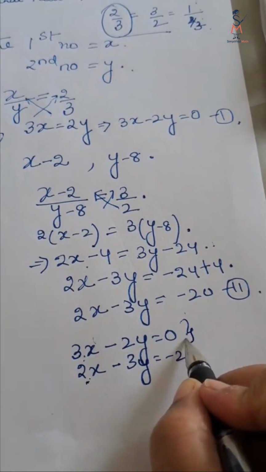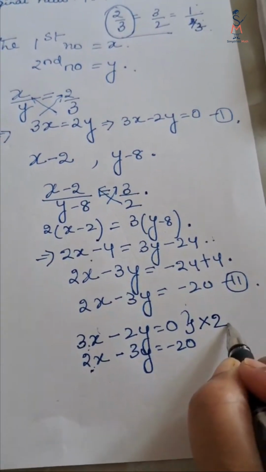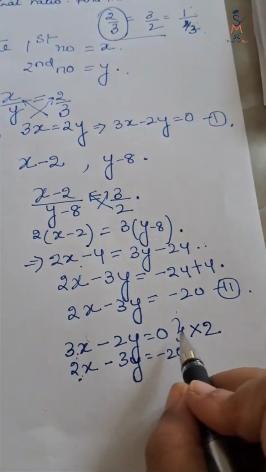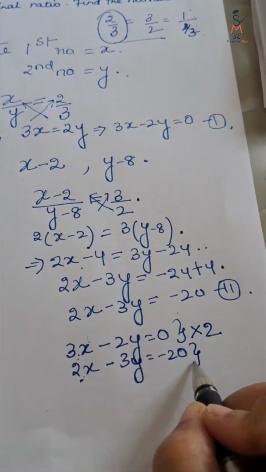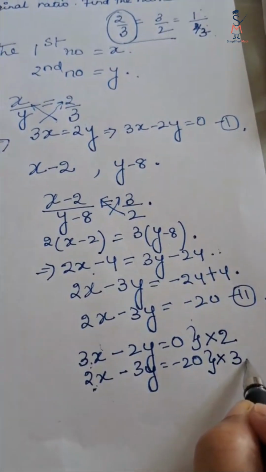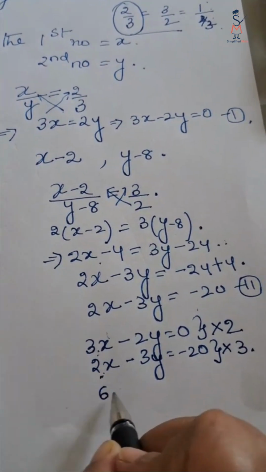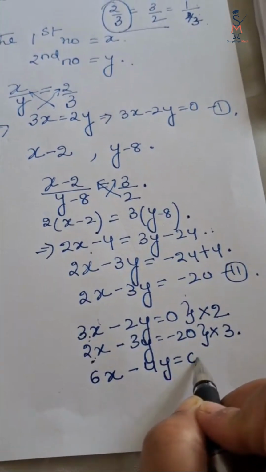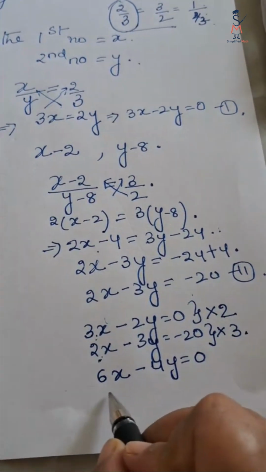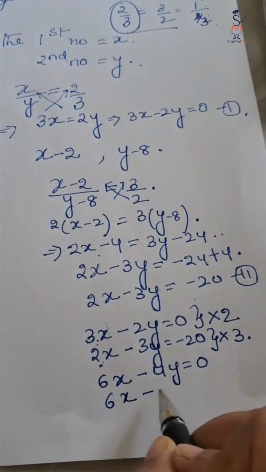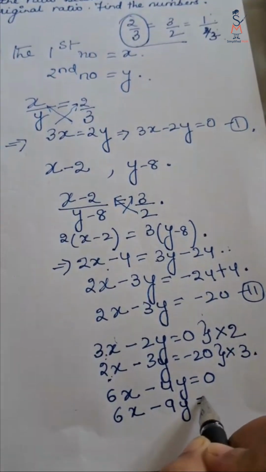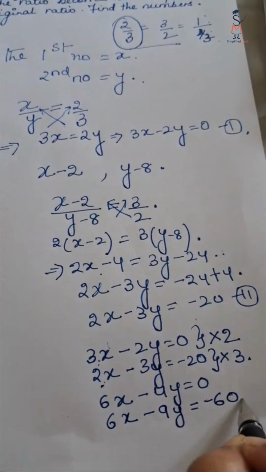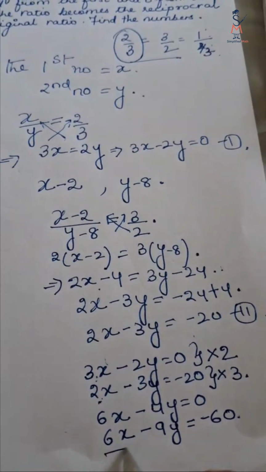So we'll multiply the first equation by 2 and the second equation by 3 to get 6. So it becomes 6x minus 4y is equal to 0 and the second one becomes 6x minus 9y is equal to minus 60.